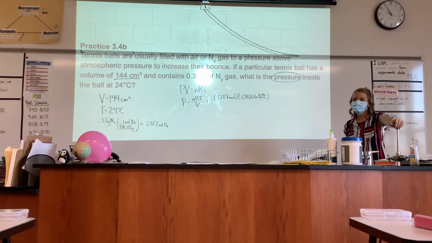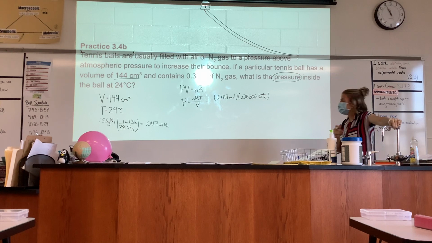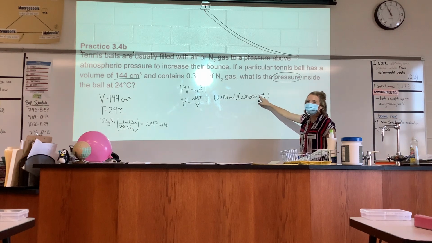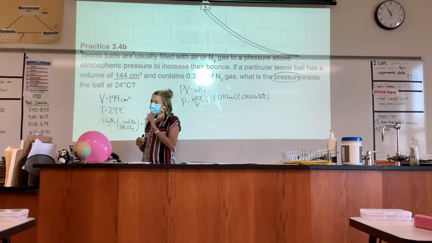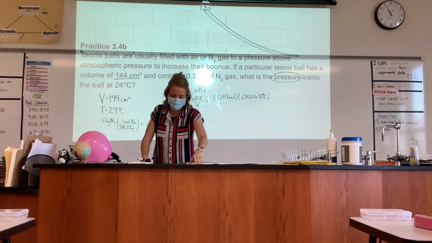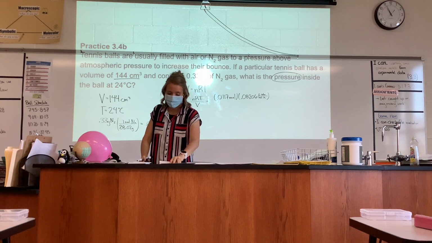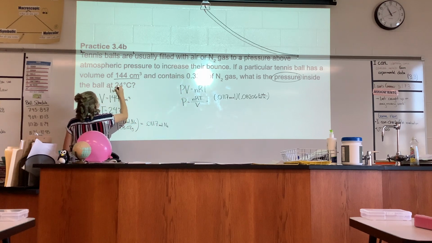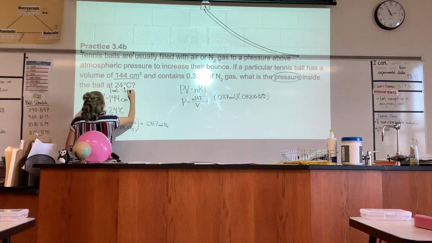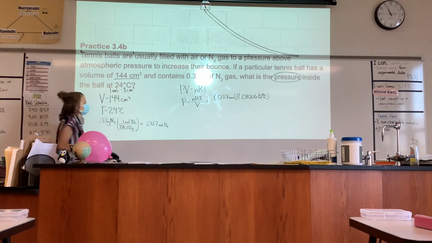Isn't the volume in centimeters cubed though? Good, so we got to convert the volume to what unit? Liters again. This one's very simple, but very, very helpful: 1 milliliter is equal to 1 centimeter cubed.